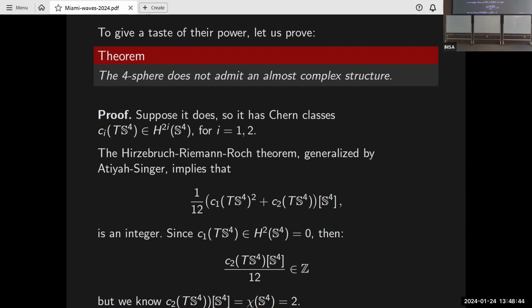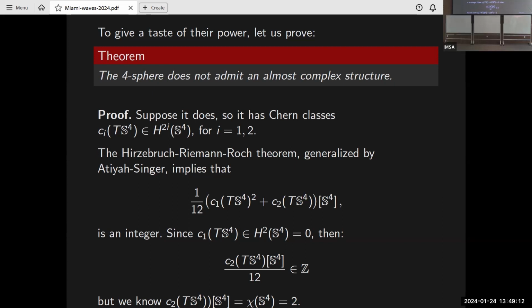In H2, homology and in H4. Okay. Then we can form this polynomial, C1 squared plus C2, evaluated on the fundamental cycle and divided by 12. This polynomial is what we call the second Todd polynomial. This number is what is called the Todd genus of our four-dimensional almost complex manifold.